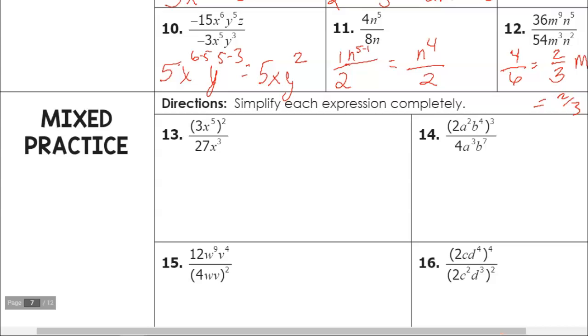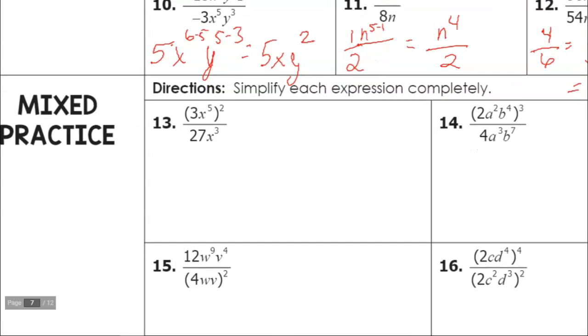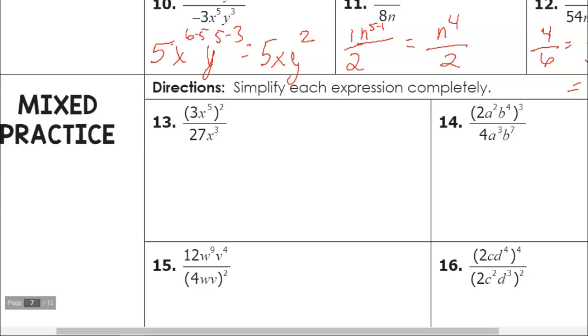So these, kind of the order starts to become important. You can't simplify 3/27 first because we have to do our power to a power rule and square this.